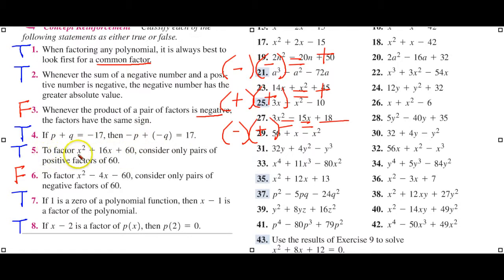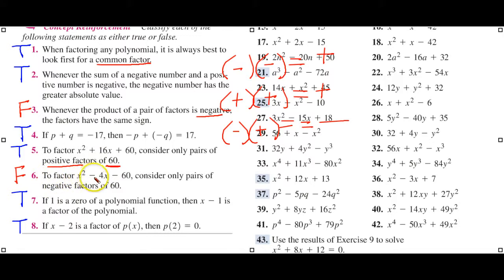All right, number 5. To factor this, consider only pairs of positive factors of 60. And that is true because this middle term is positive and this third term is positive. Then you only consider positive factors.